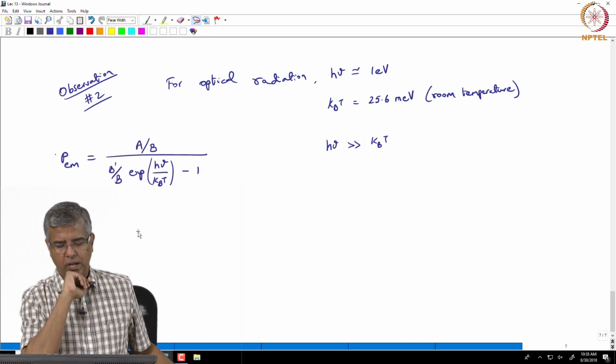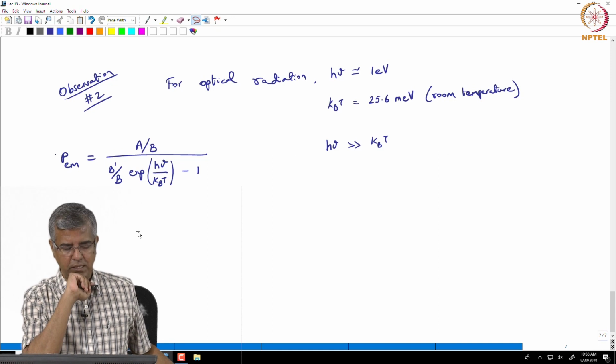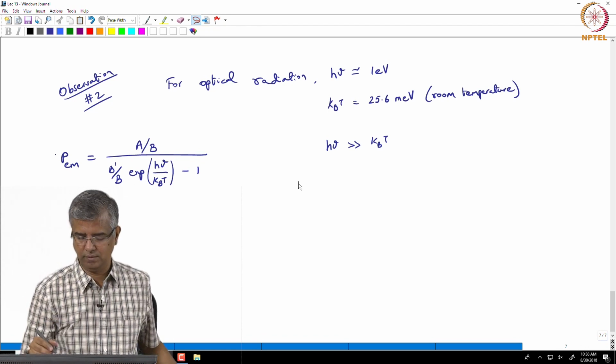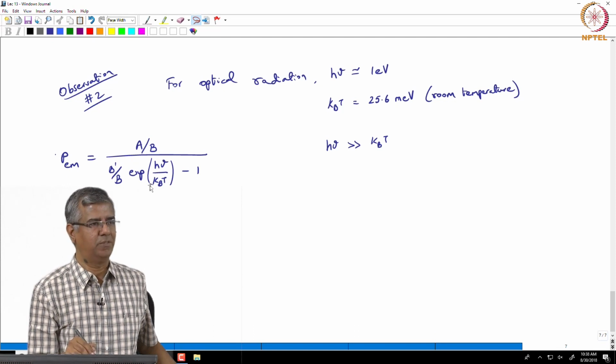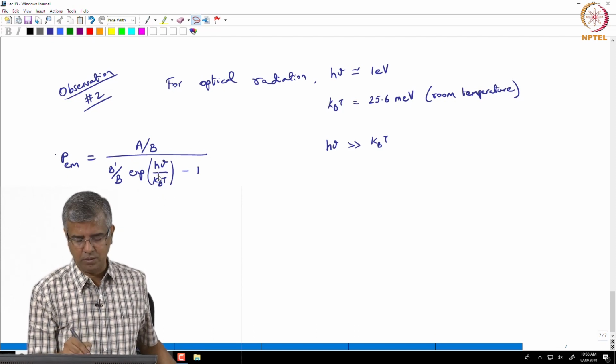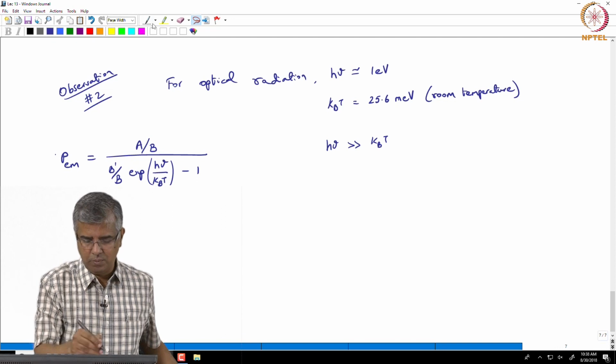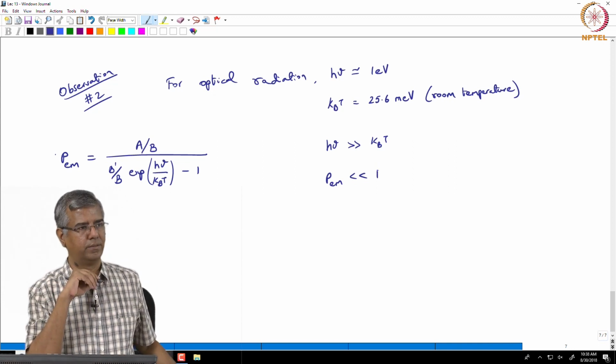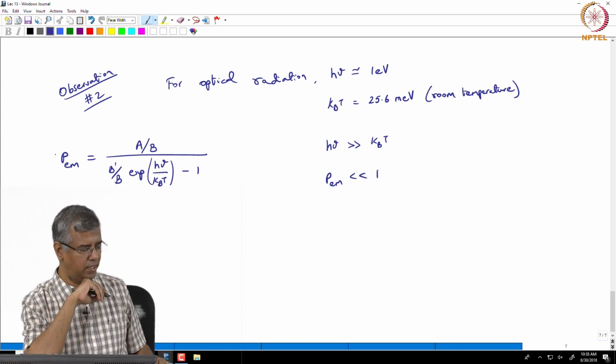If h nu is far greater than KBT, what can we say about this emission probability density? So this is going to be a fairly large value. So then the emission probability density is going to be far less than 1, right.